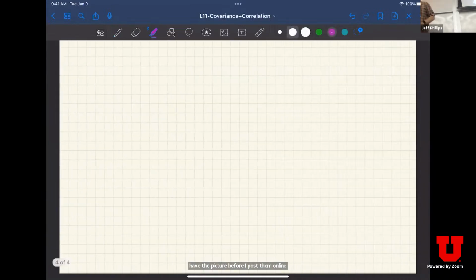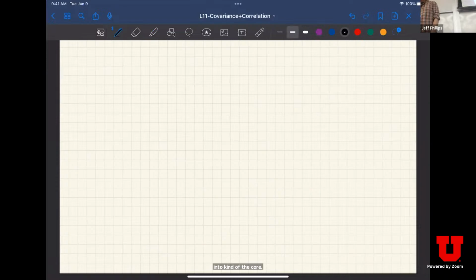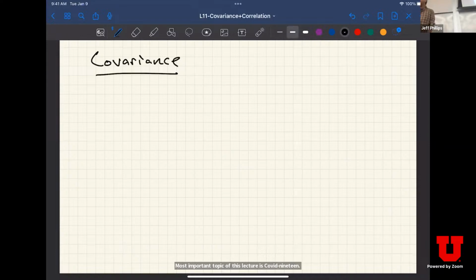Awesome. Okay. So now that we have revisited this machinery a little bit, we can get into the core, most important topic of this lecture, which is covariance. This is for two random variables, X and Y. It measures how they covary with each other.